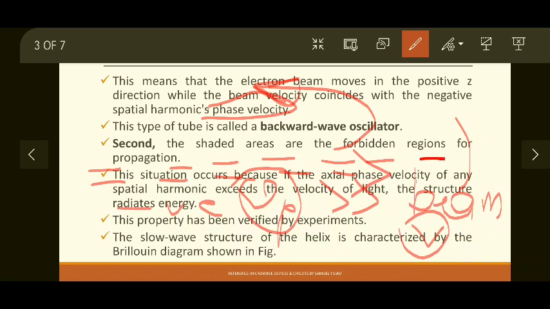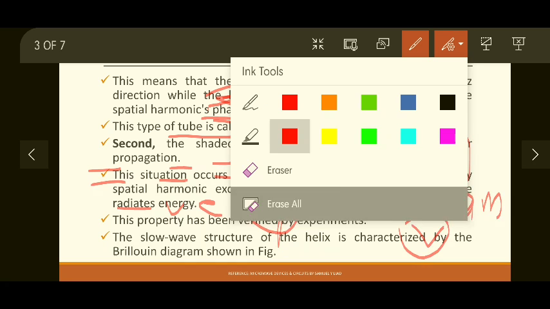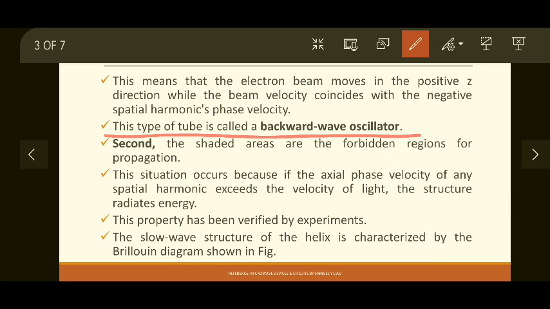The electron beam may reach the collector, but the microwave signal will not be able to reach the collector or the output end, and it will come back, and that is why it is called a backward wave oscillator. Such a type of tube is called a backward wave oscillator. Details of the backward wave oscillator we will see in the upcoming videos.